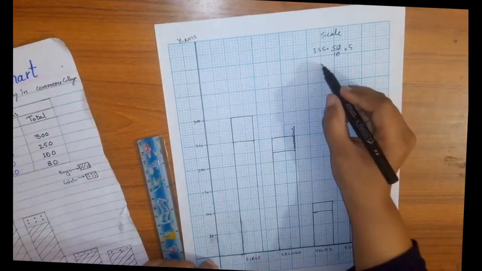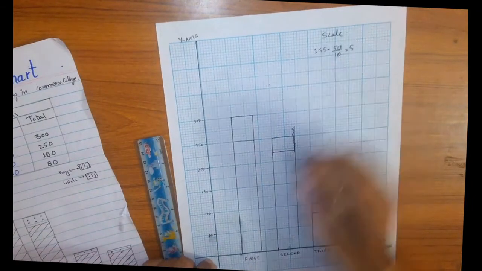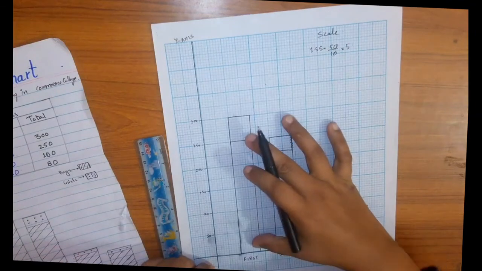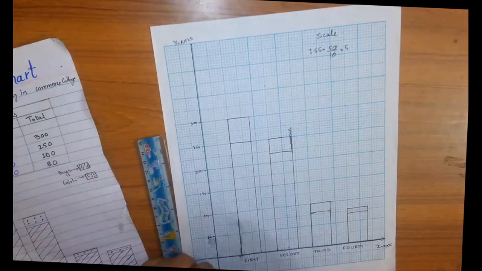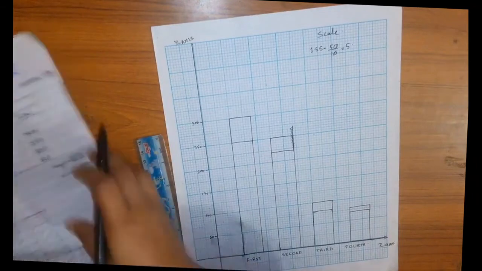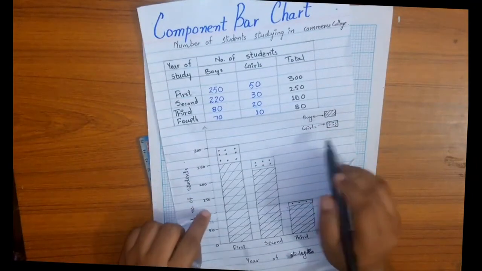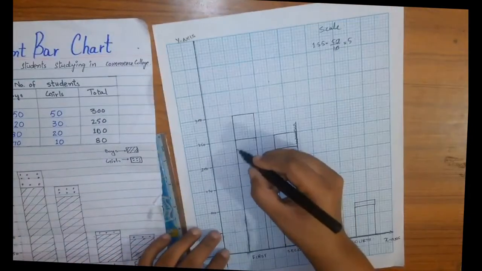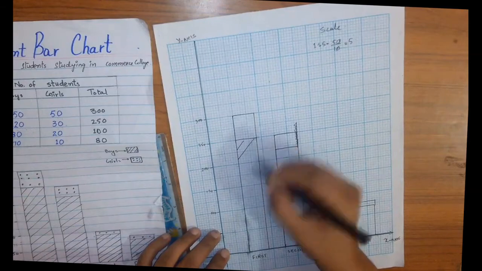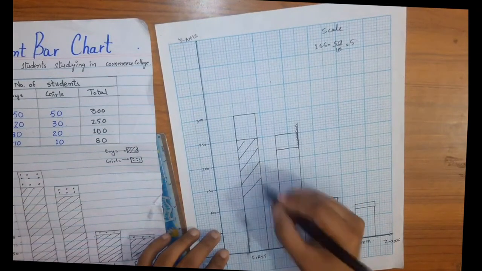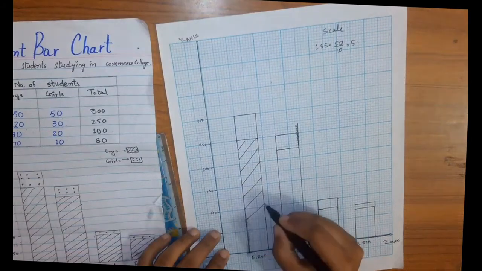Now here you can mention as well which portion of the bar is for boys and which portion of the bar is for girls, as we represented in our previous graph, lines for boys and dots for girls. Here I am going to mention the same as well, but if you want you can represent them with any color of your choice or with any other pattern.